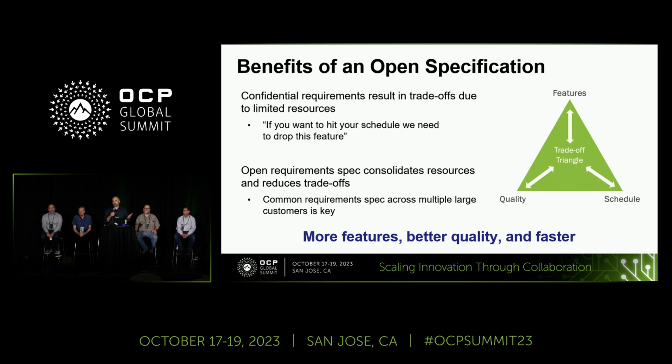And having these common requirements across multiple really large customers is key to being able to deliver a fewer number of features that are all shared across our customer base now, which can really result in reduced trade-offs. So you get more features, better quality, and faster time to market now.